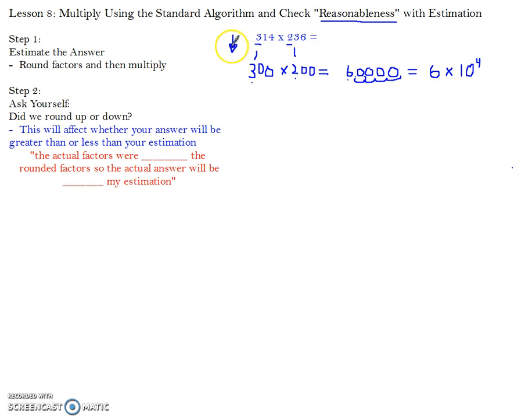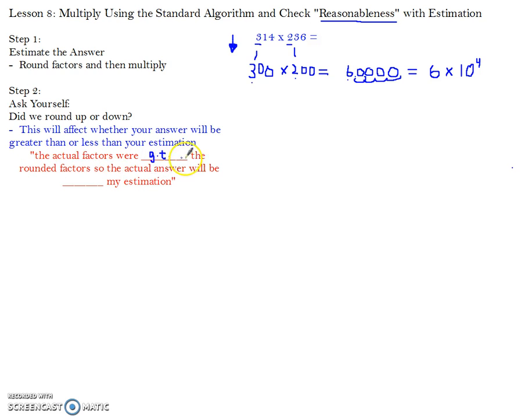When we're discovering the reasonableness, we're going to look at this sentence frame. The actual factors are 314 and 236. Were they greater than or less than the rounded factors? For this one, our actual factors are greater than. I'm going to put GT for greater than.